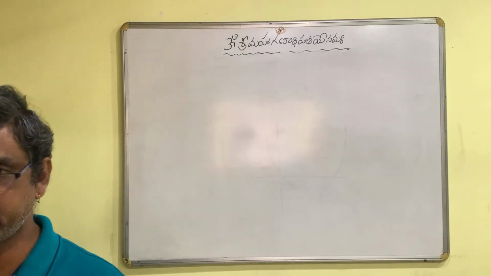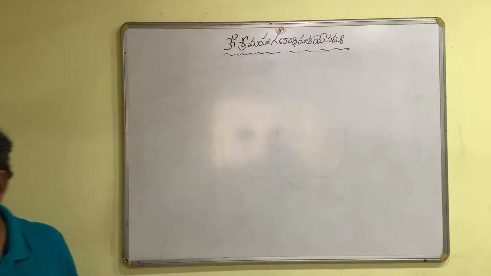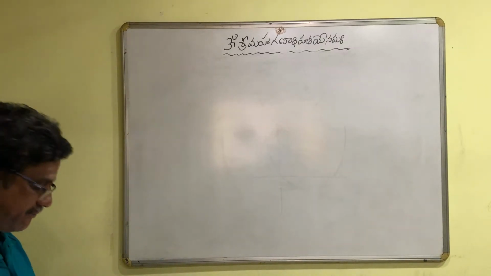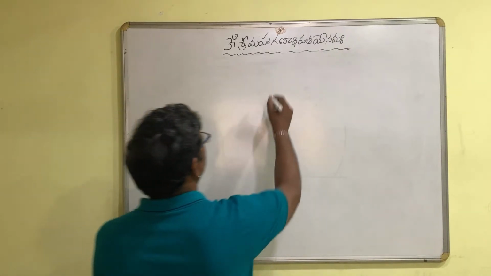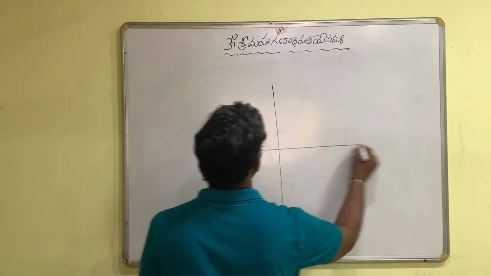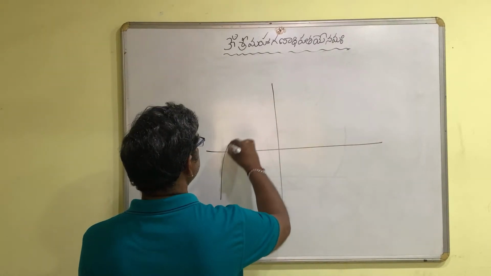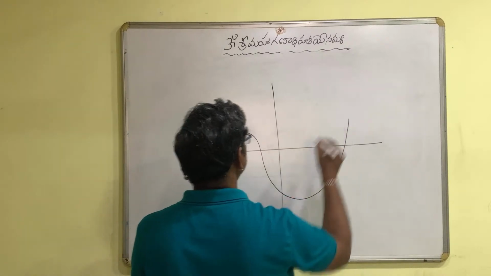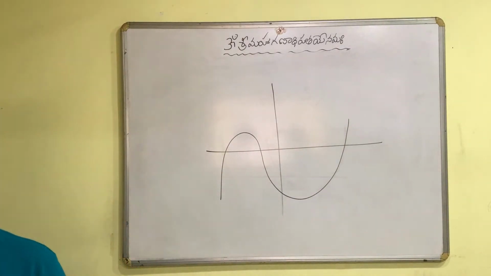Now see the third question. There is an N-shaped graph, which is like this. Okay.